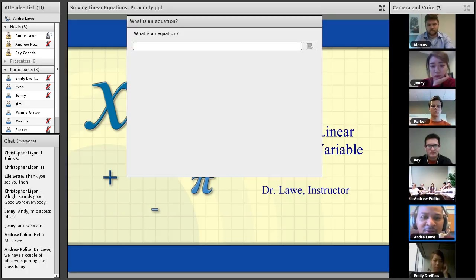Okay, a declaration of math terms. I'll read a few of the responses as we go along. Somebody entered in the Pythagorean theorem there. Okay, two values set equal to each other.